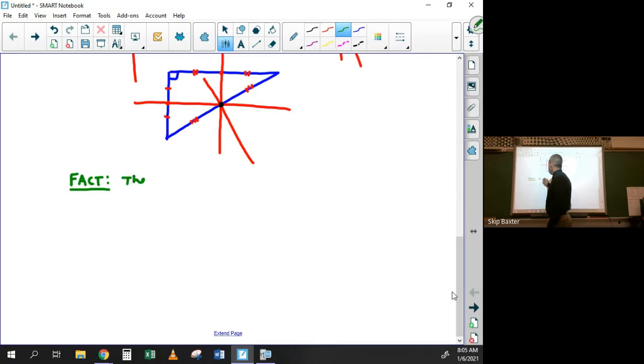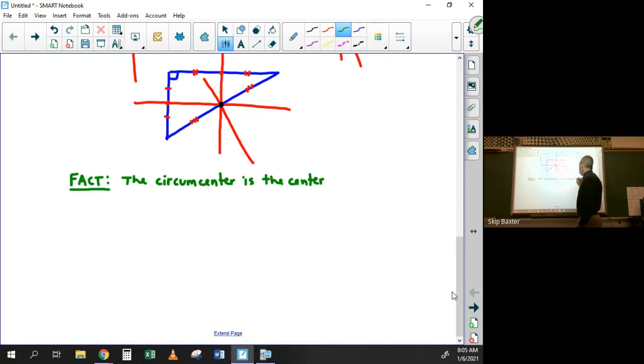The circumcenter is the center of the circumscribed circle around the triangle.